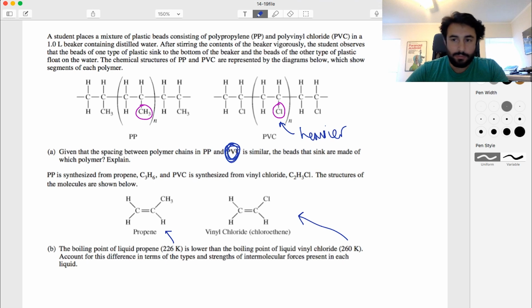So what we want to understand is, what are these doing? Every molecule can do dispersion interactions, right? So over here, dispersion, and over here, dispersion.